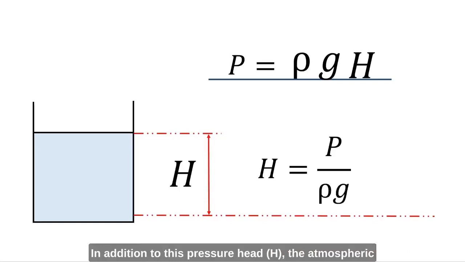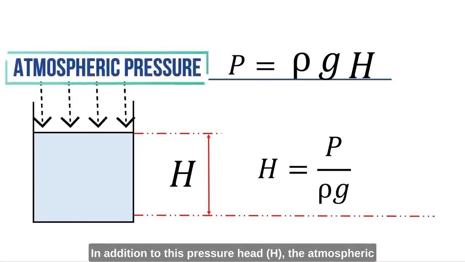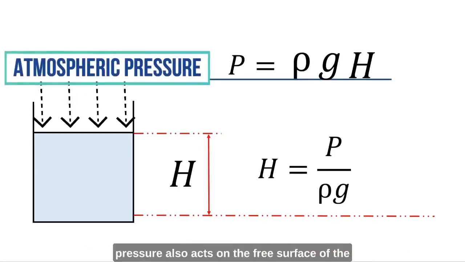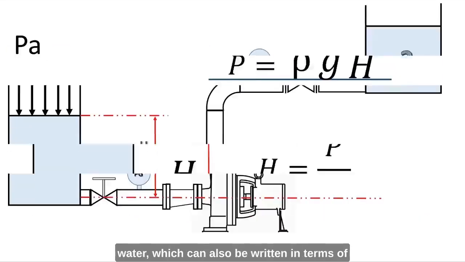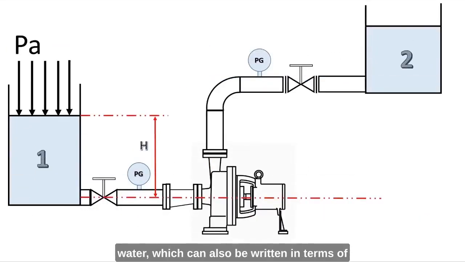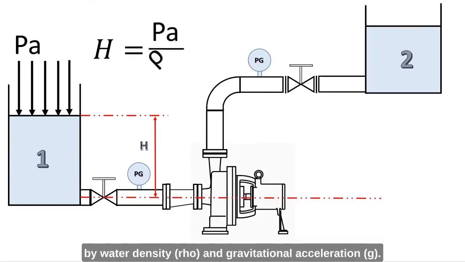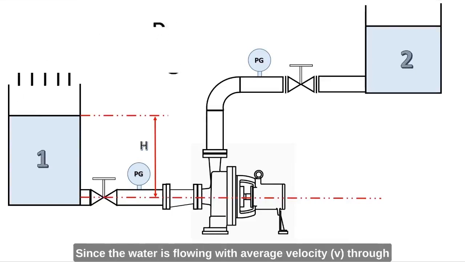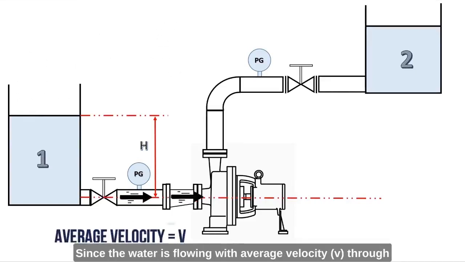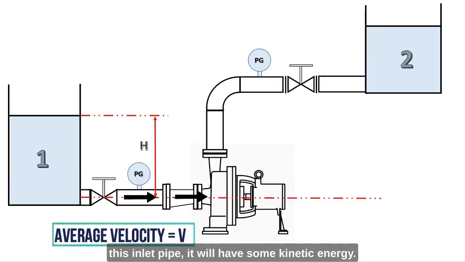In addition to this pressure head H, the atmospheric pressure also acts on the free surface of the water, which can also be written in terms of height of water column. That is, atmospheric pressure divided by water density ρ and gravitational acceleration g. Since the water is flowing with average velocity v through this inlet pipe, it will have some kinetic energy.